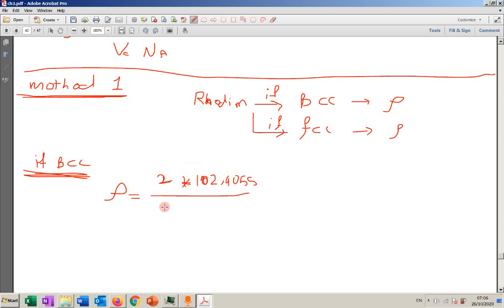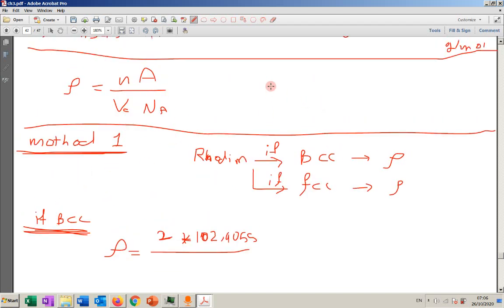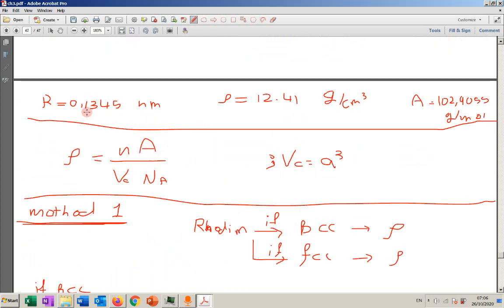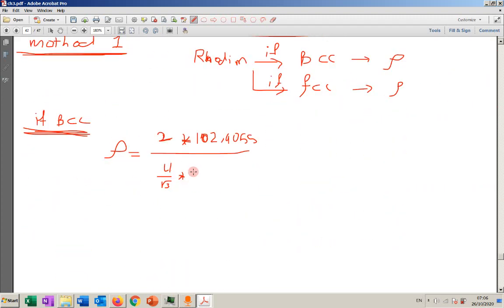Then in order to calculate the volume of BCC, we know that it's a cube, yes, volume VC is equal to a cubed, and a in BCC is equal to 4 over root 3 R. We already know R, which is 0.1345.